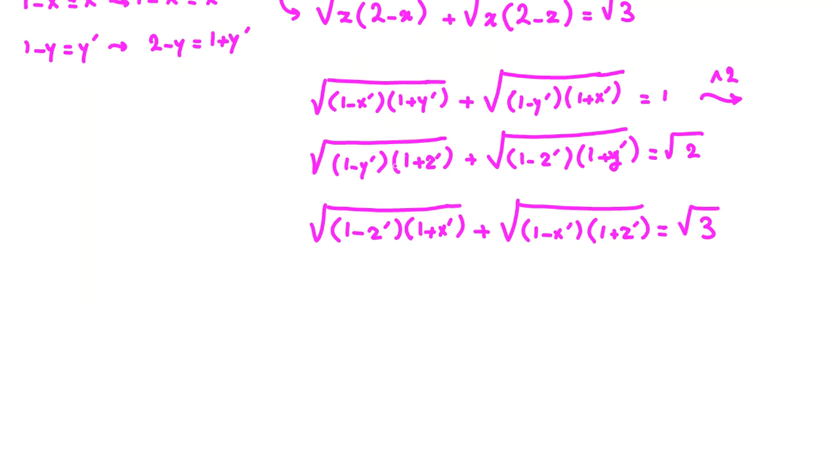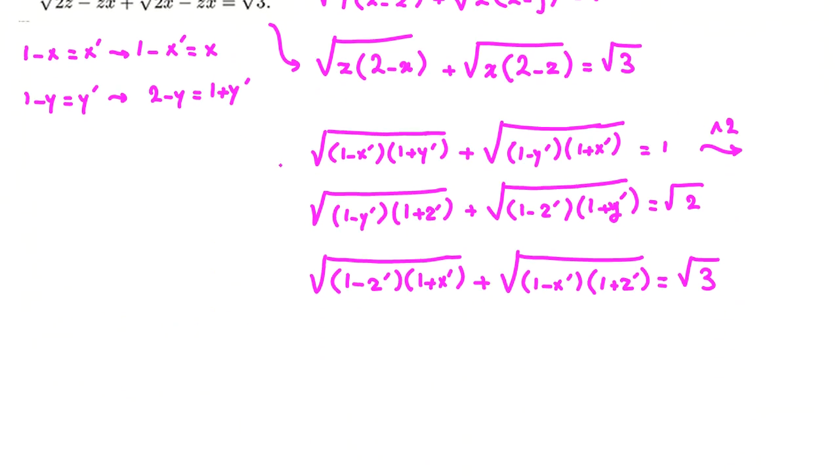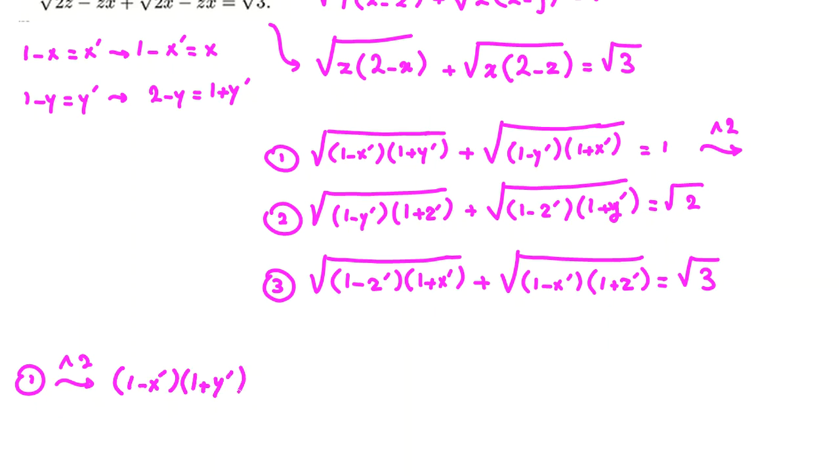Let me write this one first one, this one second one, this one third one. So if you take the first one and raise it to the power of 2, it will be 1 minus x prime times 1 plus y prime plus 1 minus y prime times 1 plus x prime plus 2 times square root of the product.